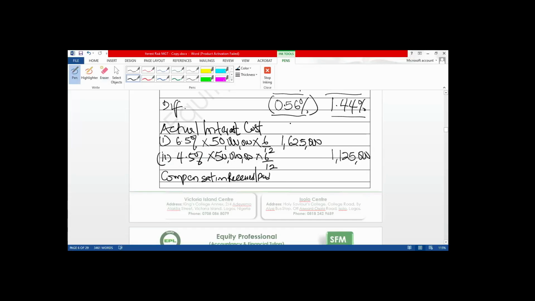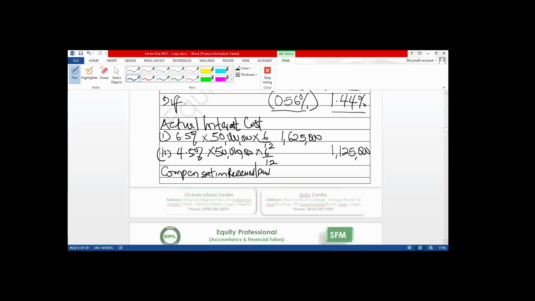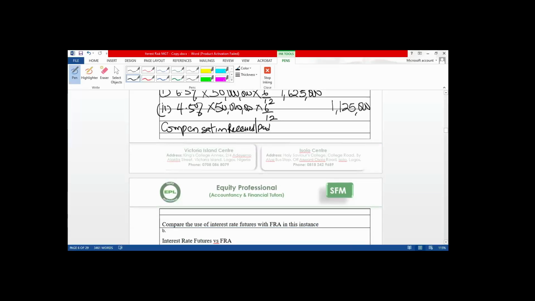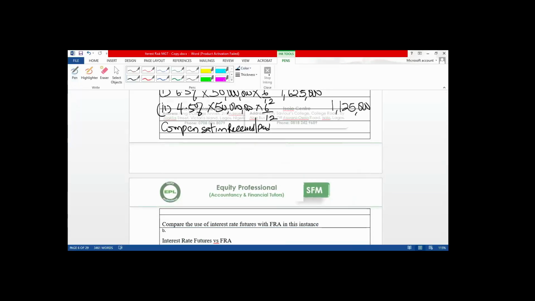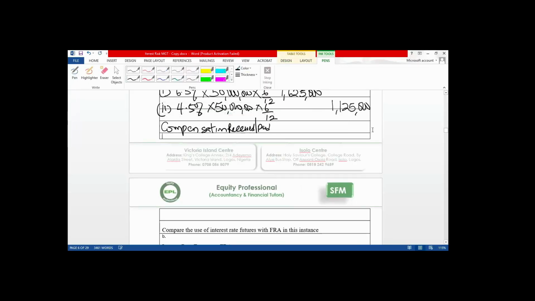For the first one, I have incurred loss. I must receive back my loss. Let us shift down a bit. That will give me compensation received.